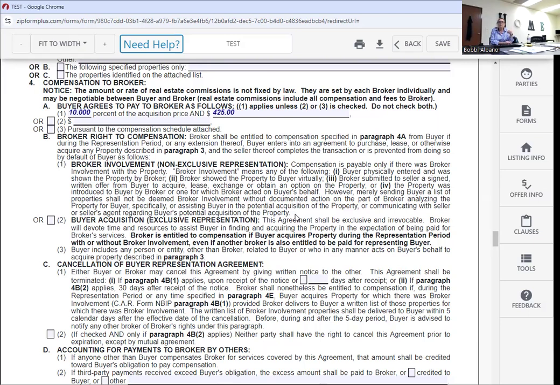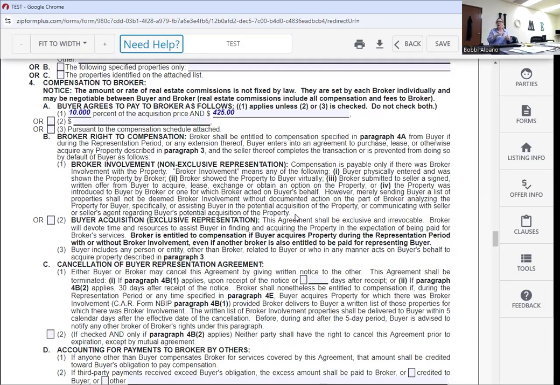Did you meet the buyer at the property and open it and show the property to the buyer? Did you show the property virtually? You know, did you prepare the offer for the buyer? So there has to be some kind of involvement. It can't be as simple as, look, I sent you a picture of the property, now you own it.